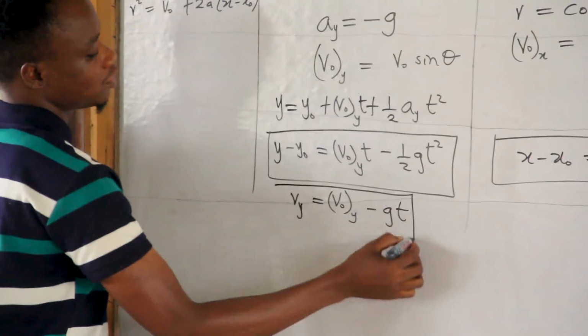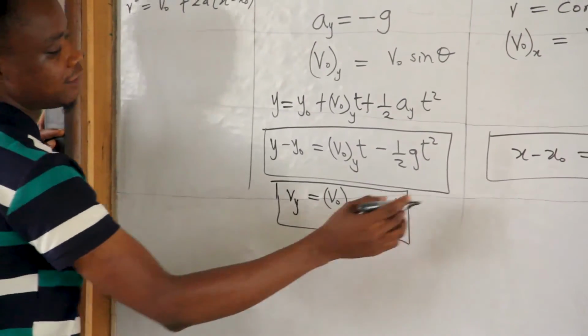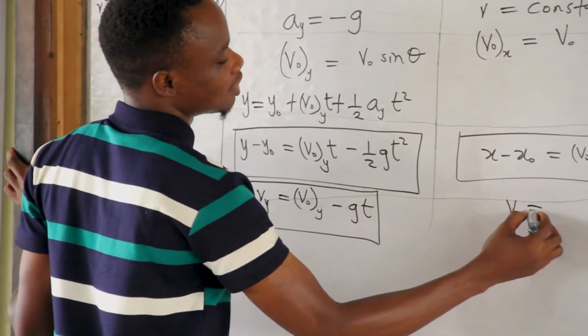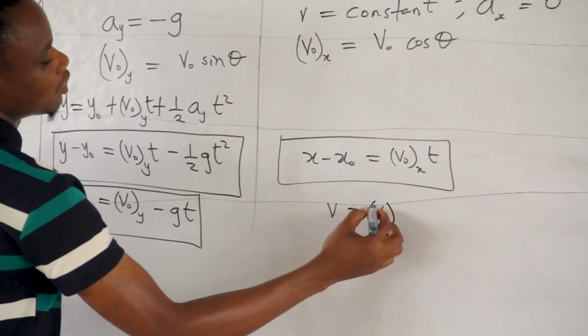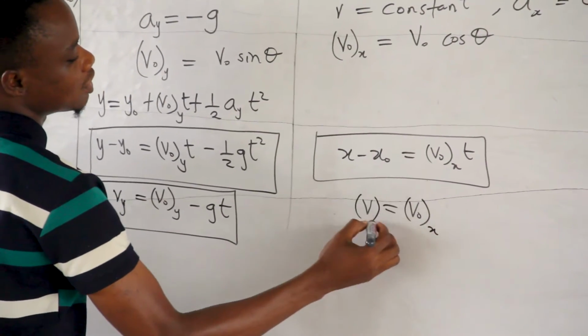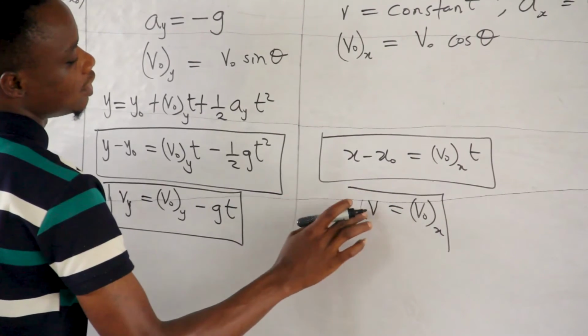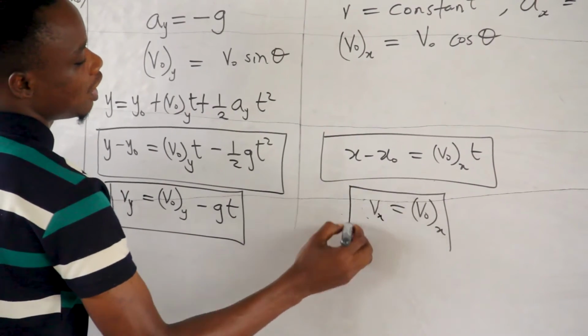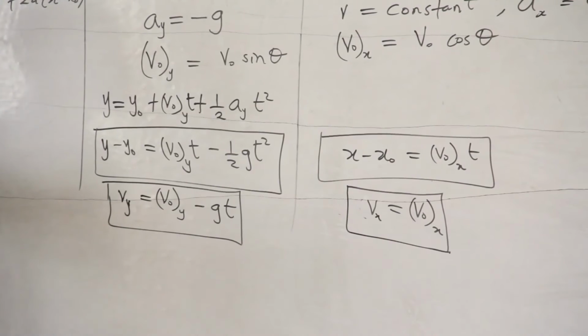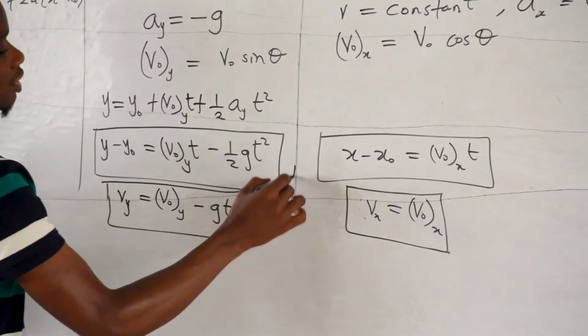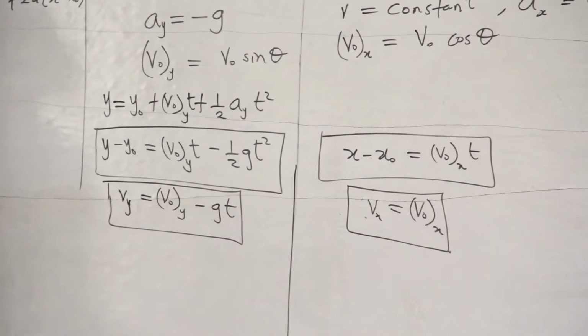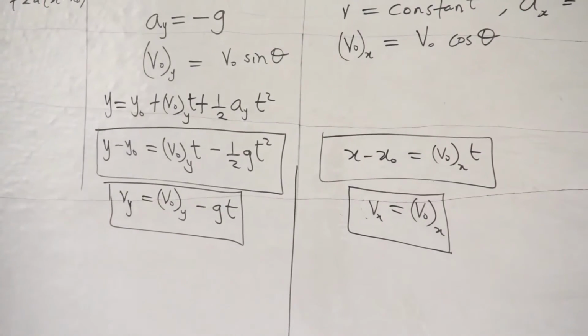Whereas the velocity in x is always constant, equal to the initial velocity. So vx is always equal to the initial velocity. Is this clear?